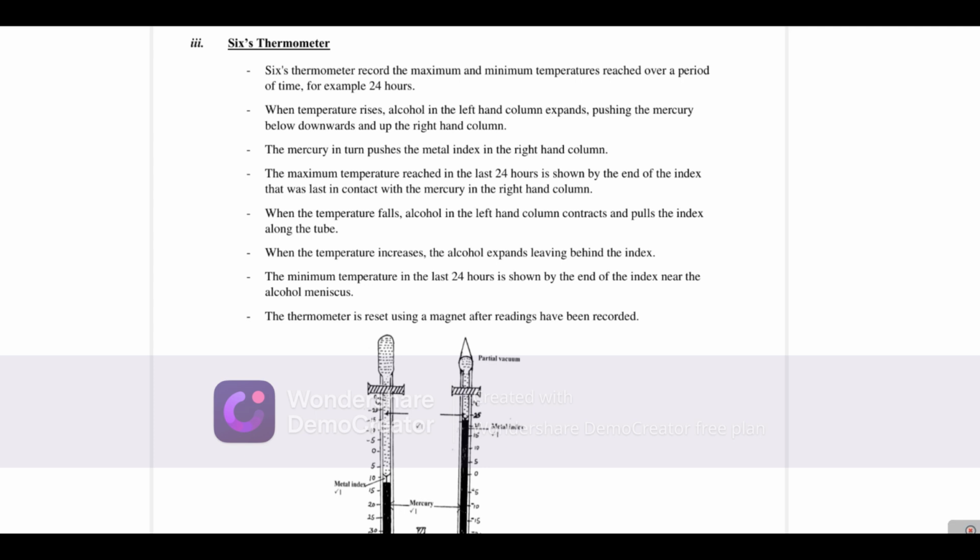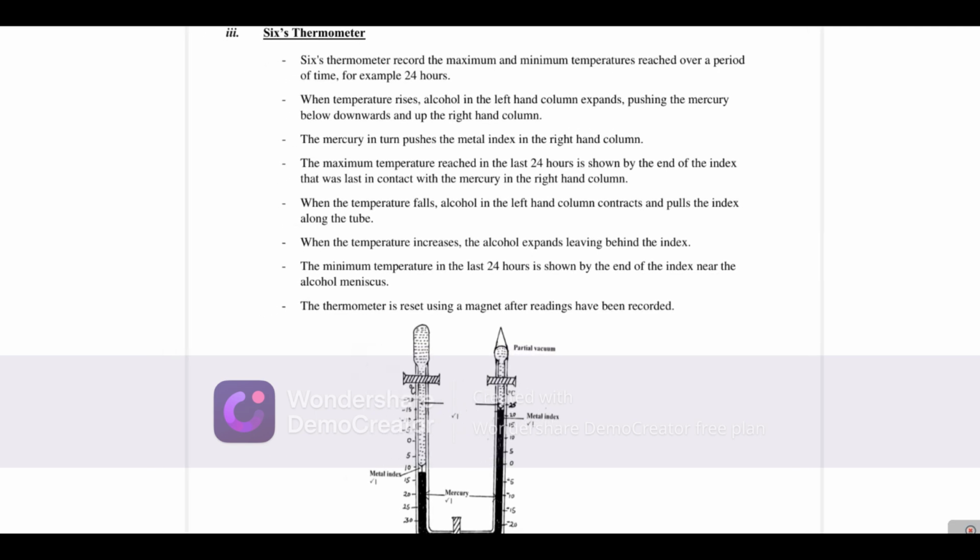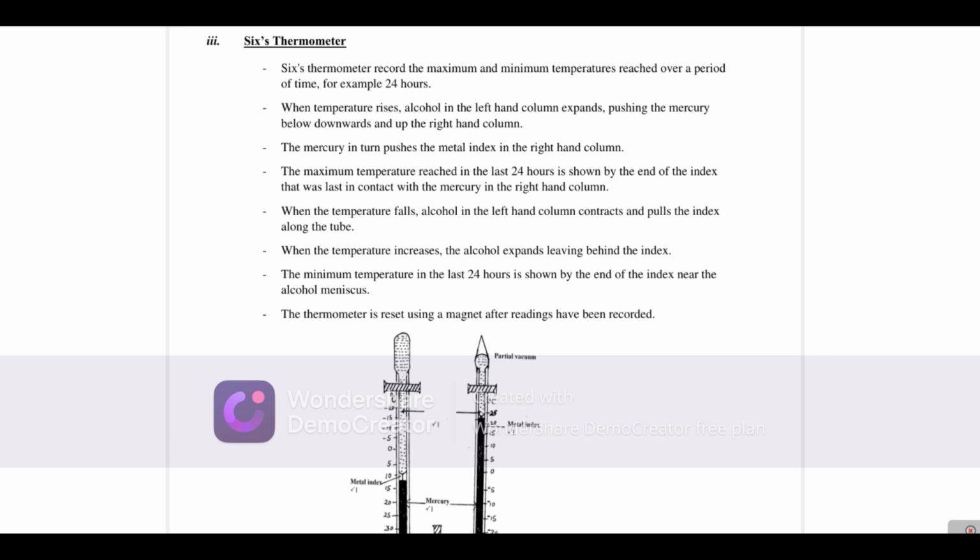As you can see in the diagram, we have alcohol and we have mercury. This is alcohol, the liquid that is inside here, and the darkest part is the mercury.